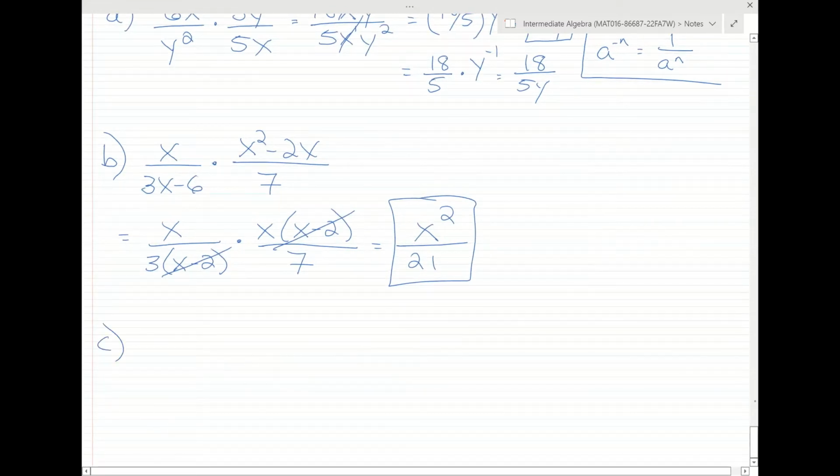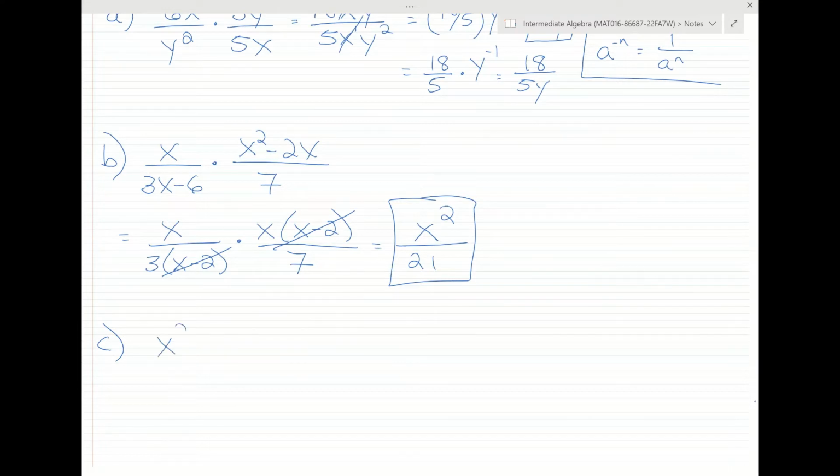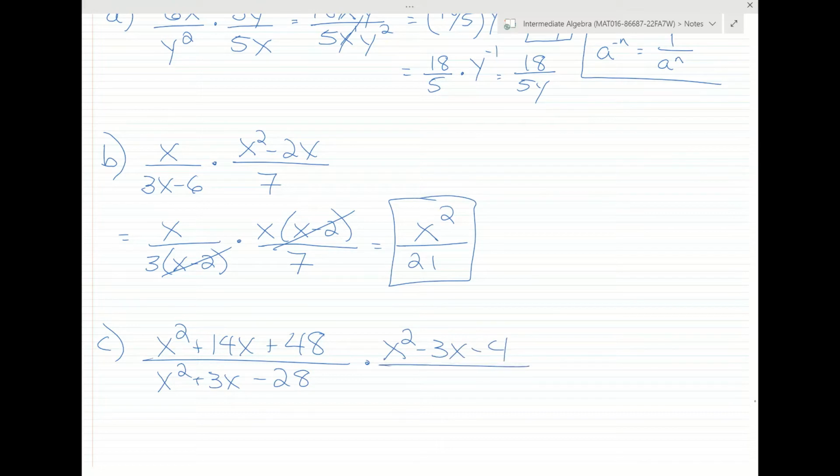One more of these, and then we'll take a look at division. Here, we'll do a fun one. How about x squared plus 14x plus 48 divided by x squared plus 3x minus 28 times x squared minus 3x minus 4 divided by x squared plus 6x minus 16.